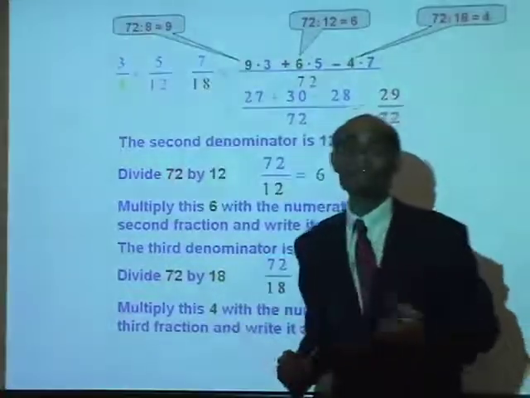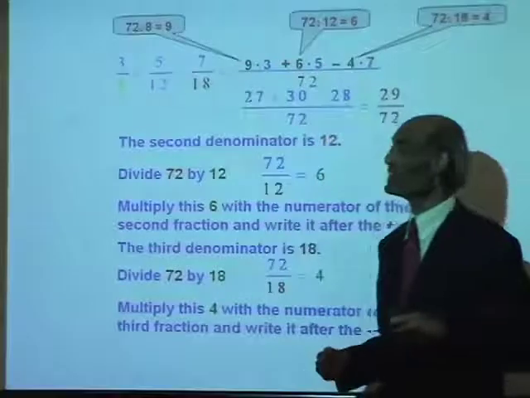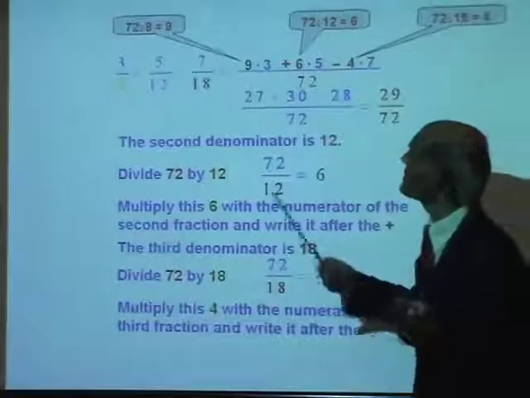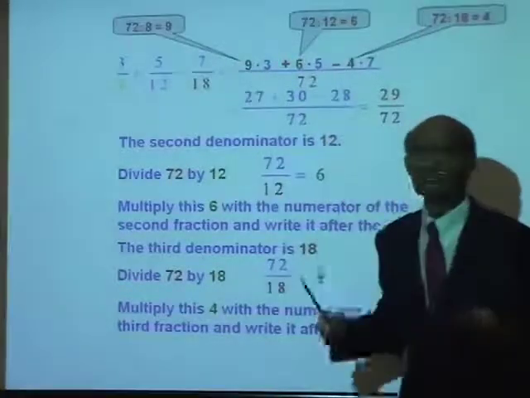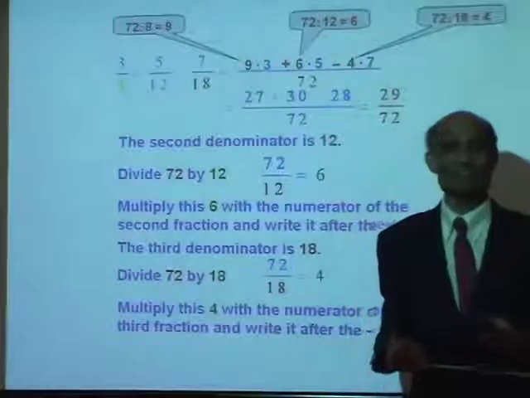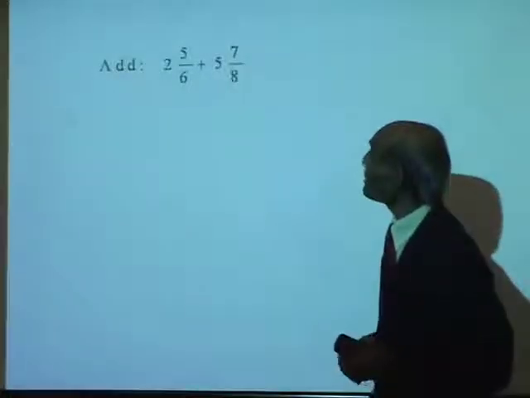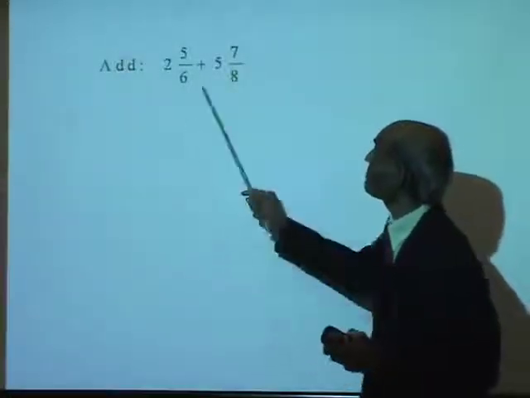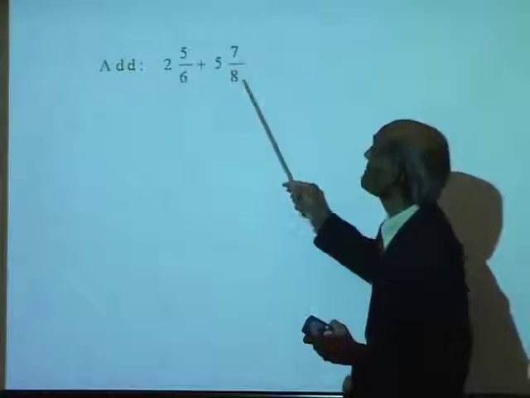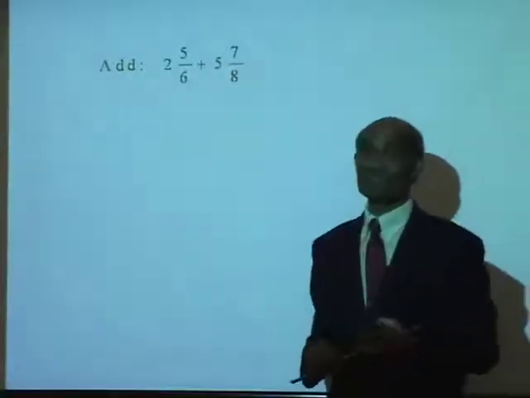I want you to do that on your own. Practice it on your own so that you get familiarized with the art of adding and subtracting fractions. Alright, let's try this. Add 2 and 5 sixths plus 5 and 7 eighths.